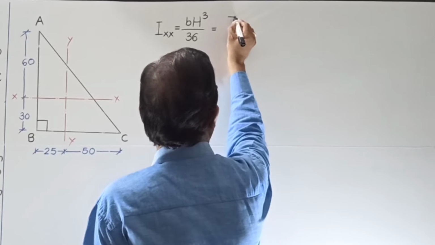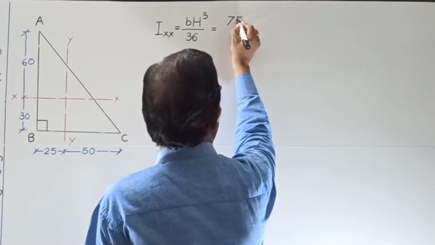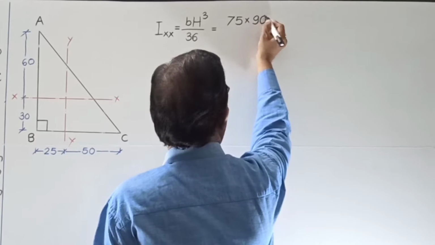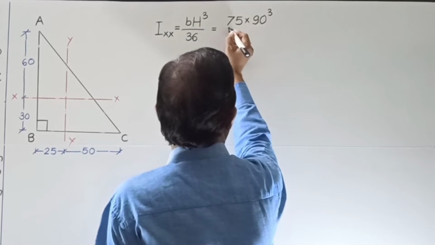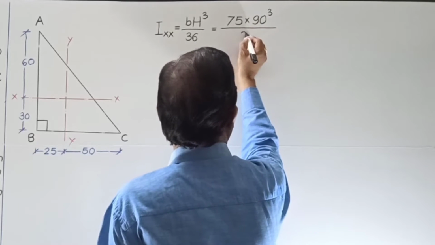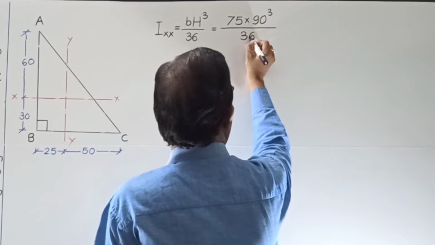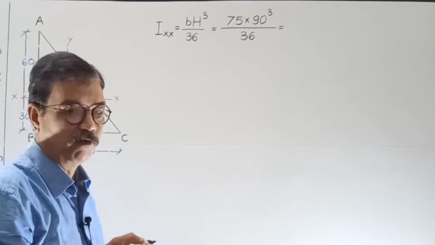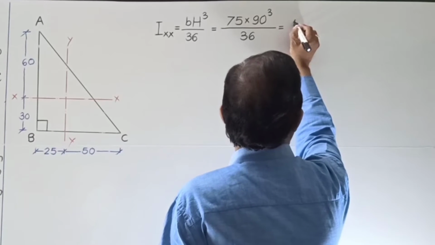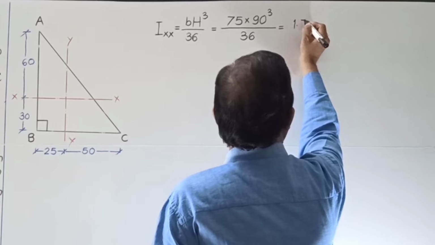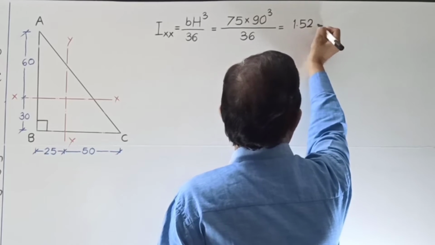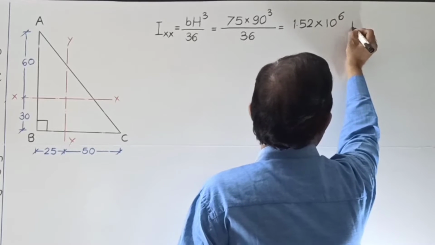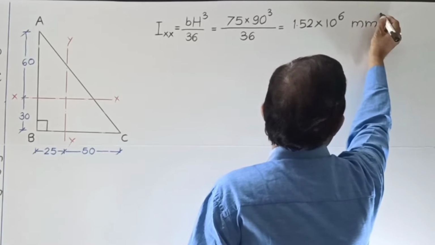So it will be 75 into 90 cube divided by 36. And this value comes out to be 1.52 into 10 raised to 6 mm raised to 4.